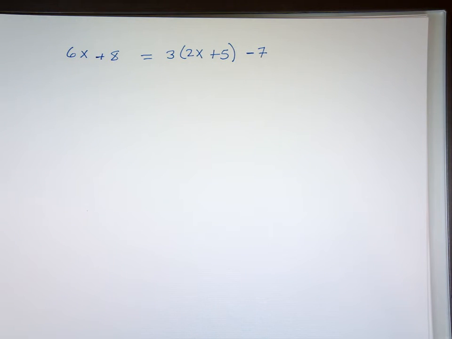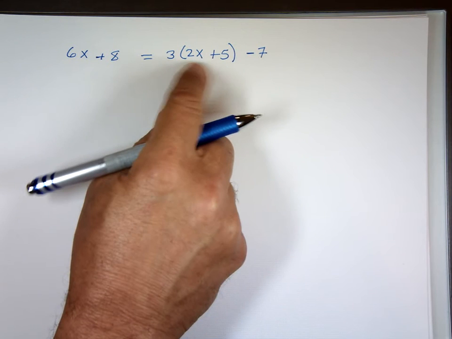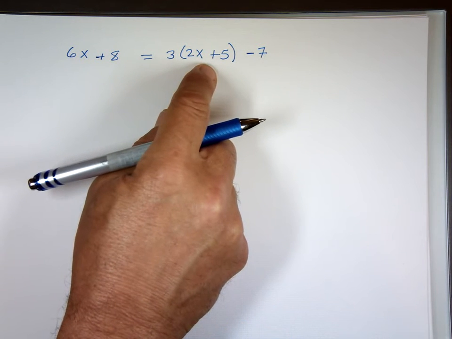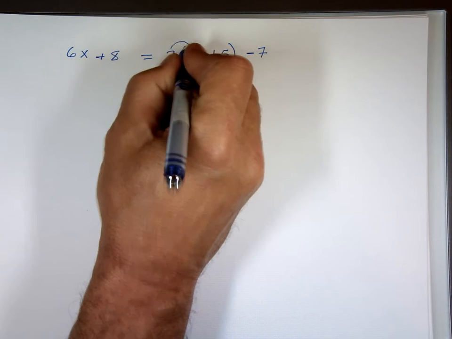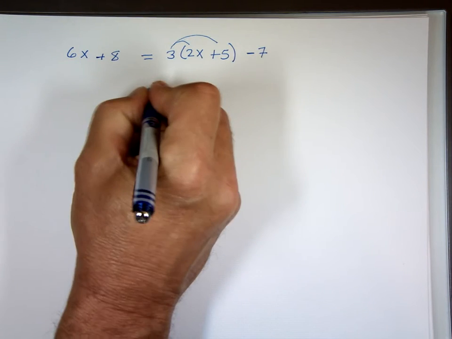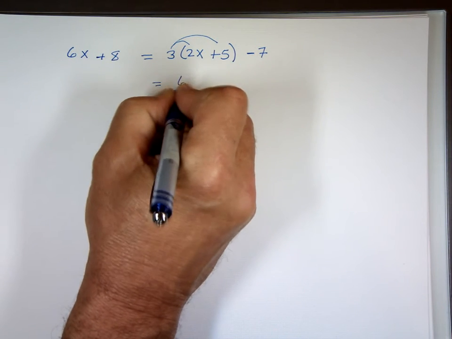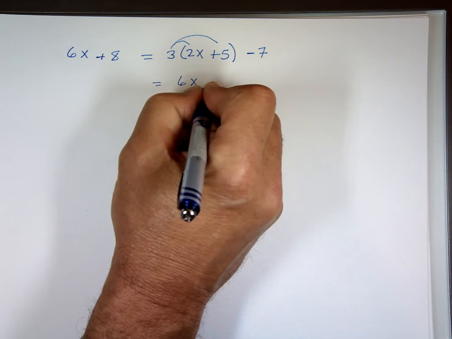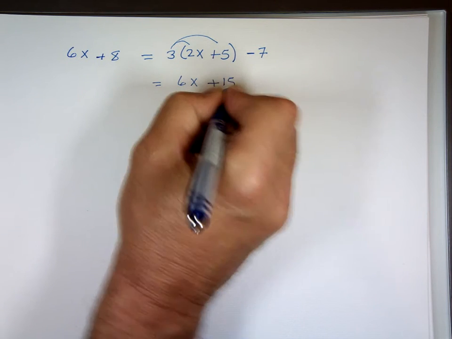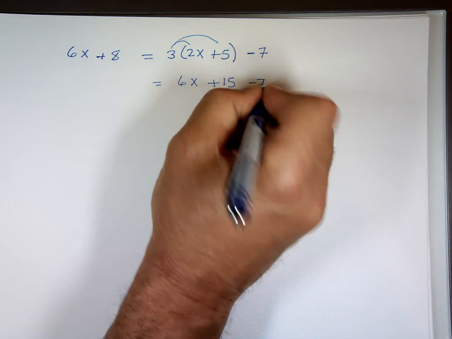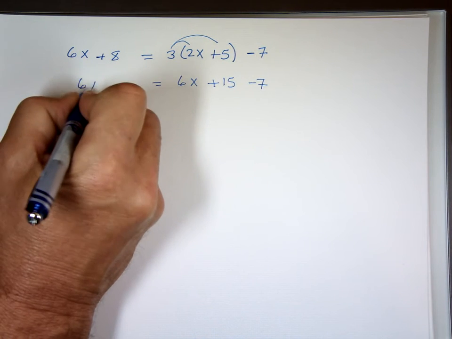I just finished writing the procedure for solving this equation. It says remove the grouping. I gotta remove this. How do you remove that? Distribute this, yes. That'll be what? 3 times 2? 6x plus 15 minus the 7 equals 6x plus the 8.